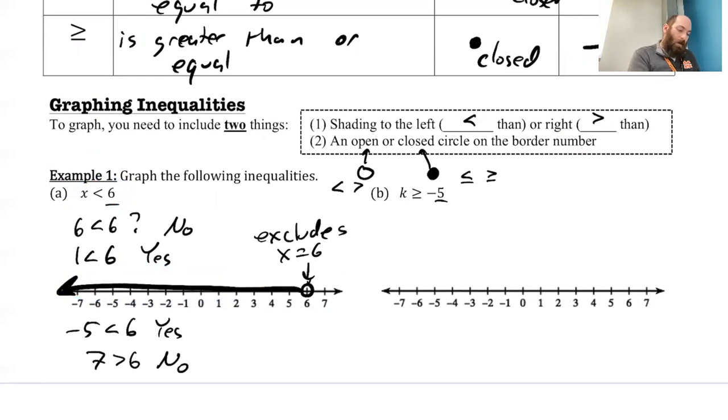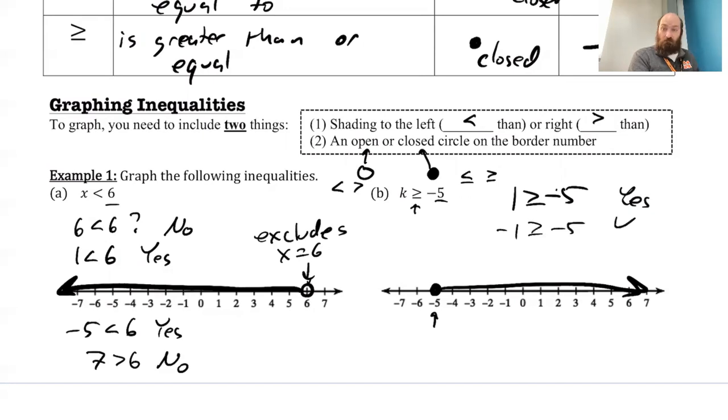When we look at this one, my reference number is -5. It's a greater than or equal to symbol, so that's going to be a closed circle. And it's greater than, so that means it's going to the right, just like that. Again, everything in the shaded region is a part of it. So is 1 greater than or equal to -5? Yes. Is -1 greater than or equal to -5? Yes. What about -5?